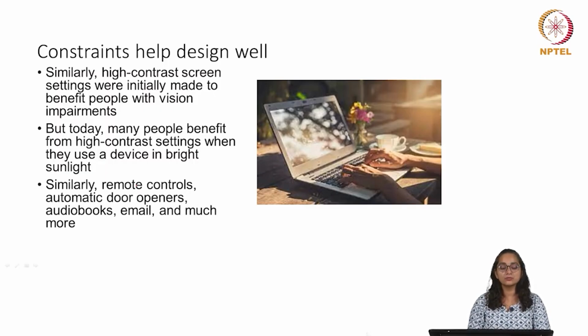Similarly, remote controlled automatic doors, remote controls, email, all of these popular products were initially made as assistive products, but they are very commonly adopted in all user experiences as well. So, extending the use case to more people is always beneficial.